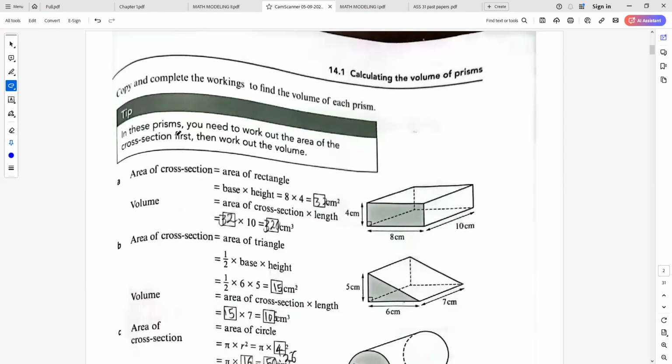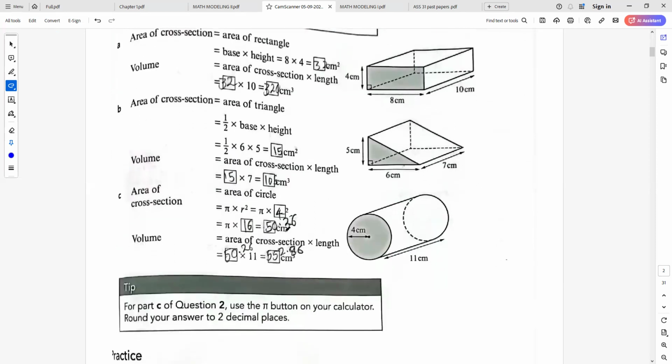Okay. In these prisms, so this is also a prism, you need to work out the area of the cross section first, then work out the volume, right? So here 8 times 4 gives you 32 centimeters square. Then you have to multiply the cross sectional area by the length. So then finally it will give you 320 centimeter cube, right?